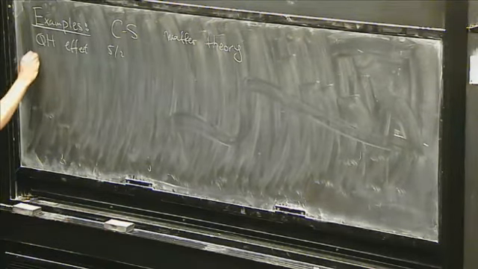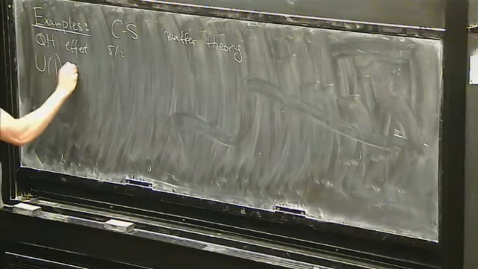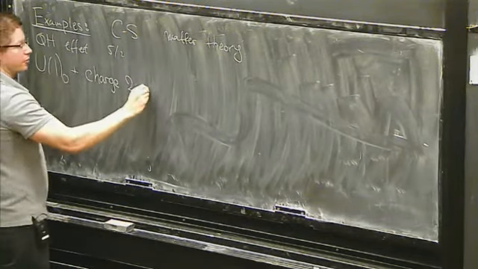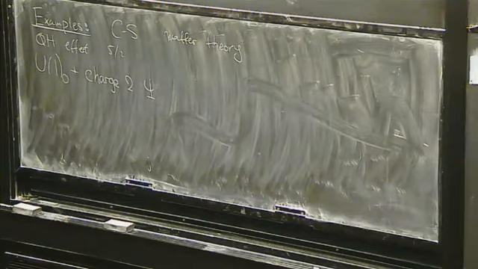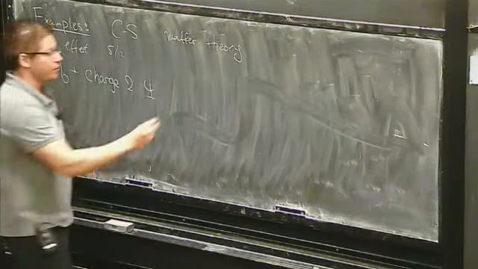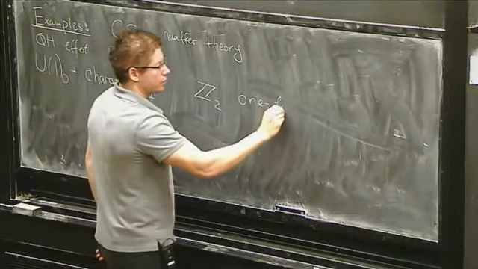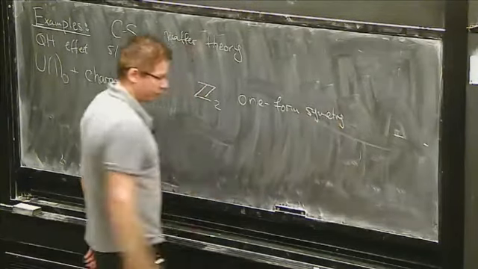So the theory is U(1) Chern-Simons theory at level 0, so the bare Chern-Simons coupling is 0, plus a charge 2 fermion psi. So it's again a system where there is a fundamental particle of charge 2. Because we don't have fundamental charges that are dynamical, we have a Z2 one-form symmetry. And we'll use that one-form symmetry to learn something about the infrared.